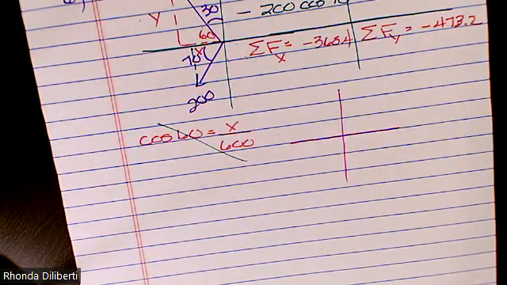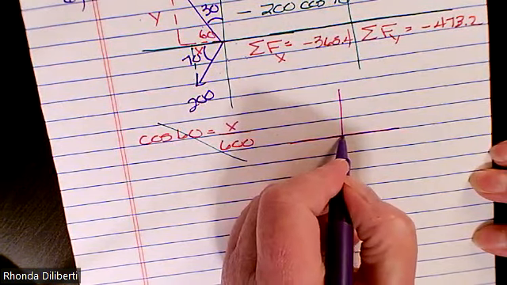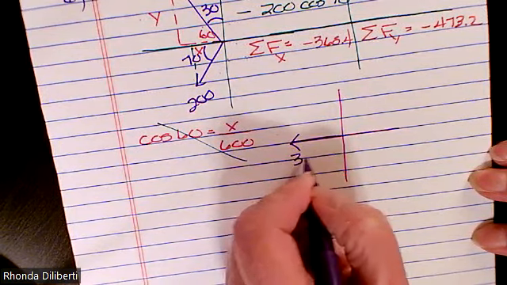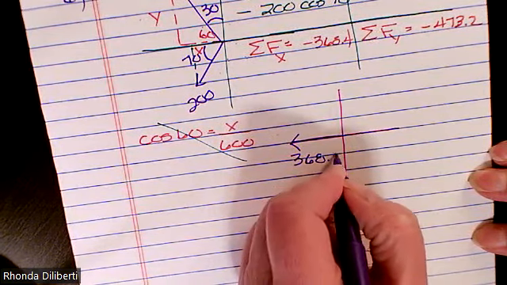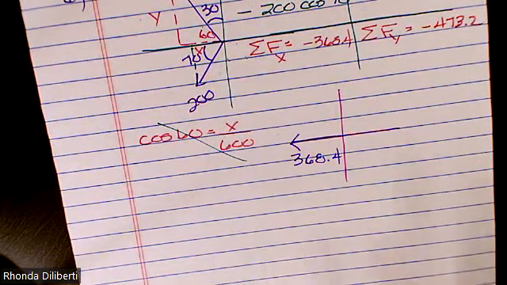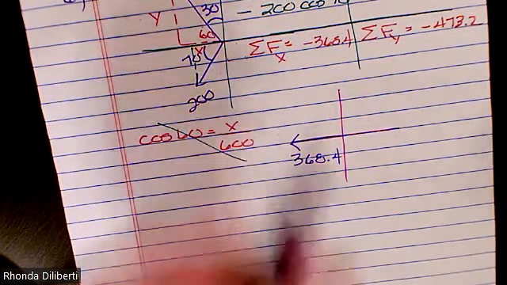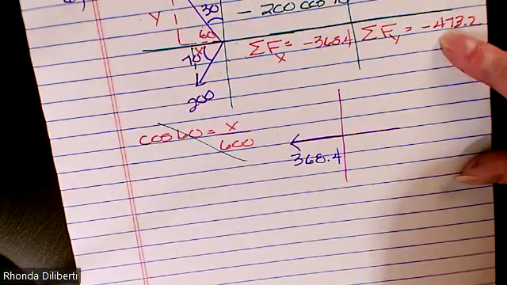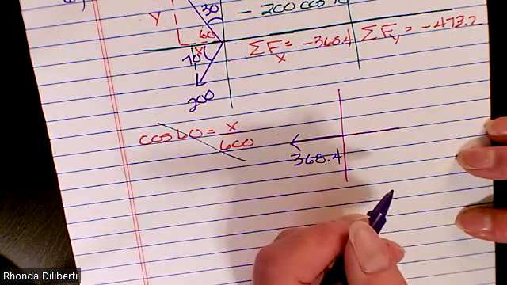So I'm going to draw it in the negative x direction, and the value is going to be 368.4. So notice I dropped the negative sign because I drew it in the negative x direction. And this one is negative 473. So I have two negatives here.